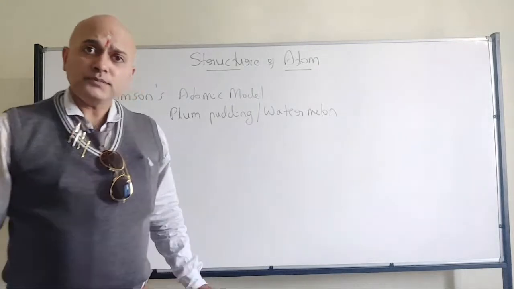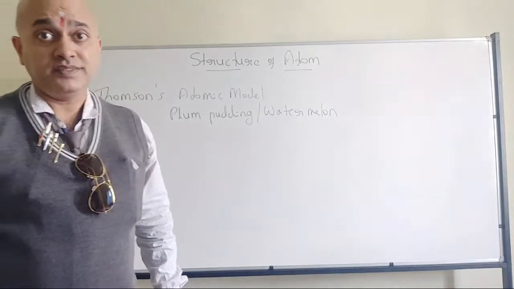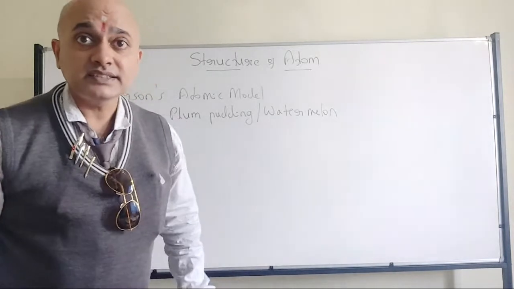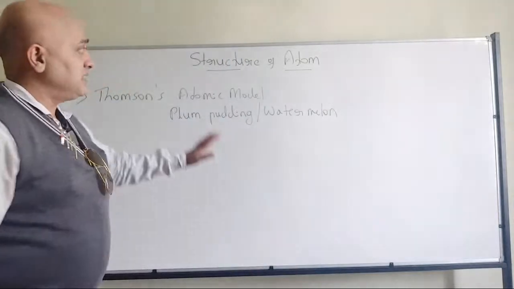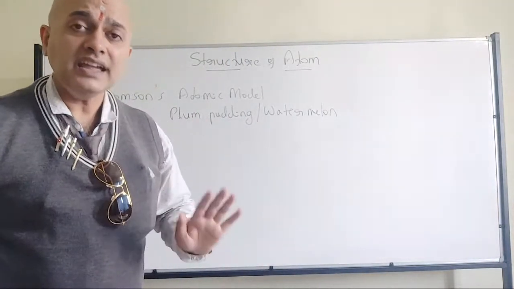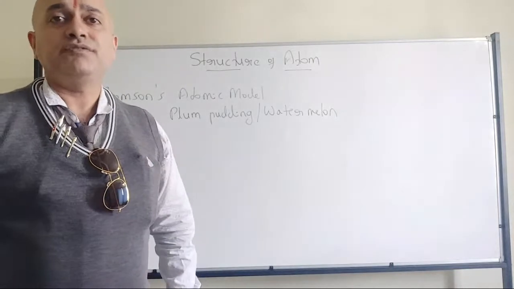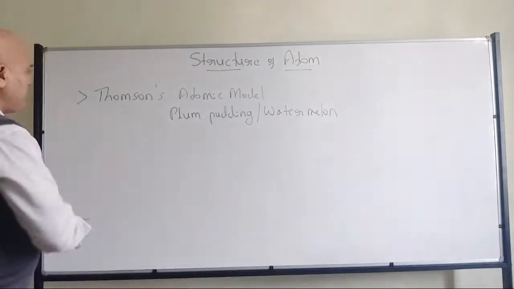One thing in Thomson's model, he considered the neutral nature of the atom, which we have to appreciate. Anyway, we are not following this one because we know that it is not the reality, but that was proposed by Thomson's atomic model.